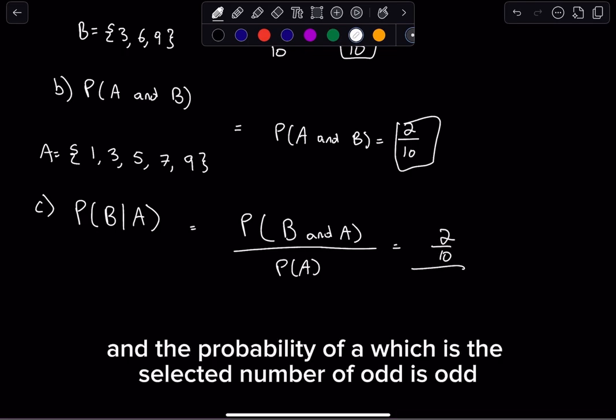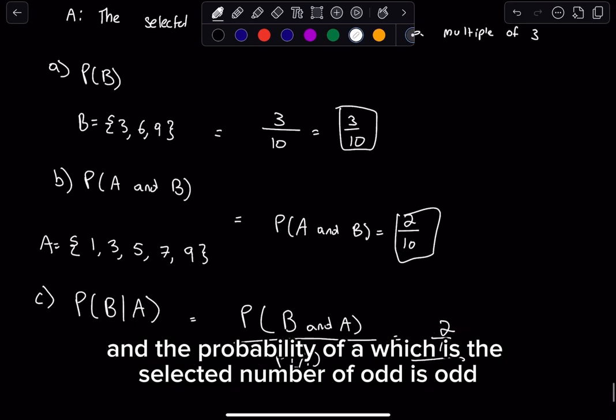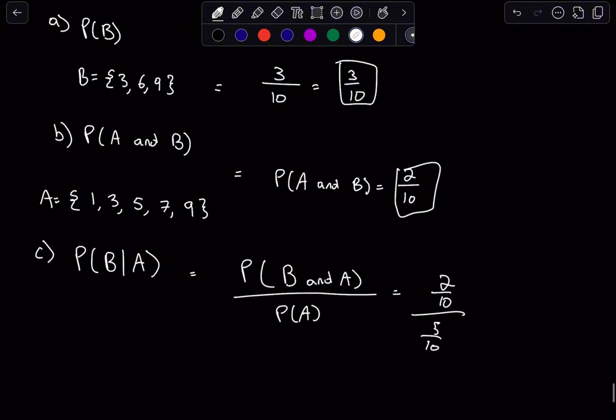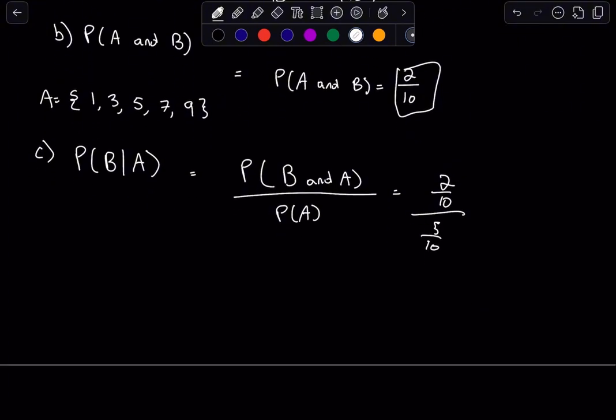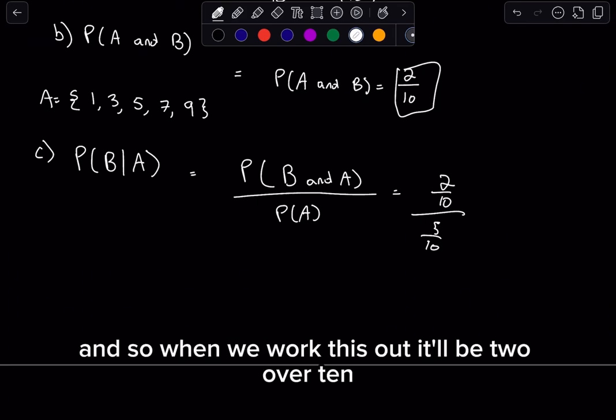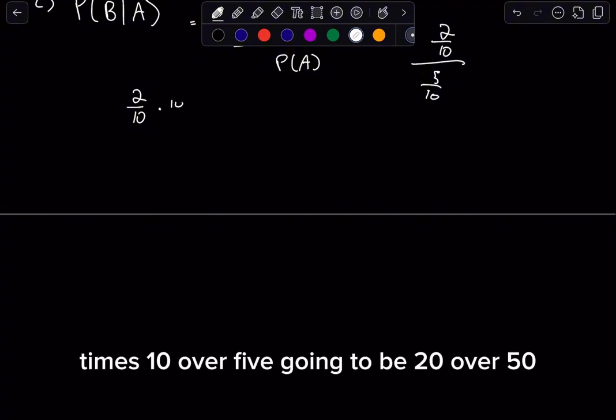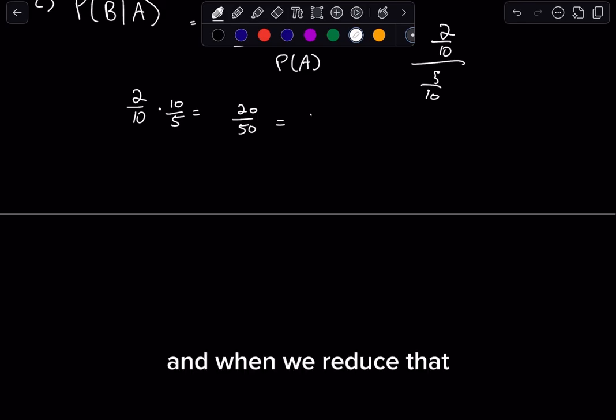And the probability of A, which is the selected number is odd, is going to be 1, 2, 3, 4, 5 out of 10. And so when we work this out, it'll be 2 over 10 times 10 over 5, going to be 20 over 50. And when we reduce that, we will get 2 over 5.